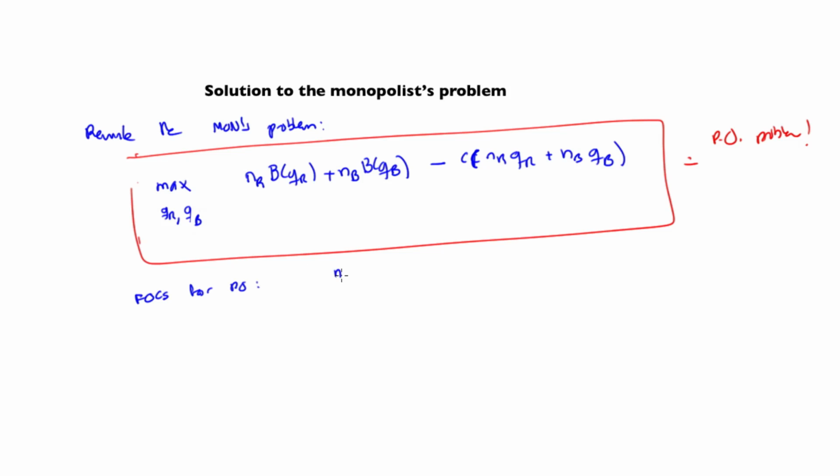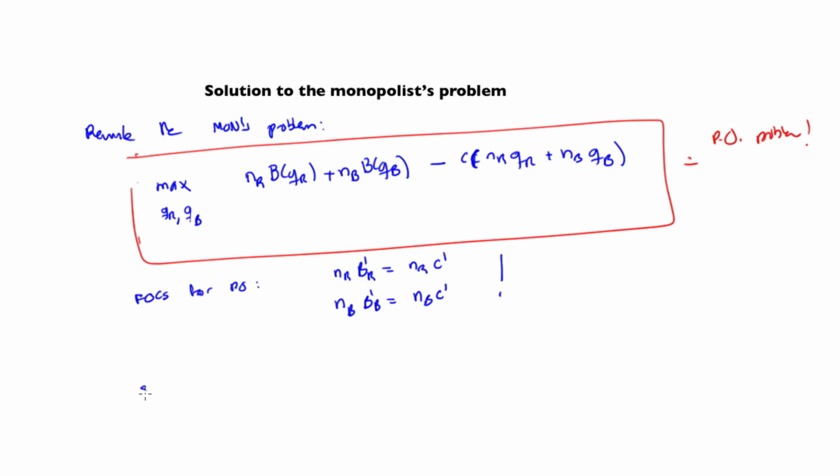which are N_R B_R prime of Q_R equals N_R C prime, and N_B B_B prime of Q_B equals N_B C prime. That is very, very remarkable.